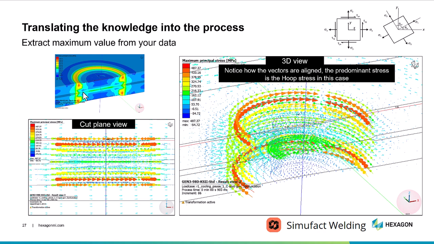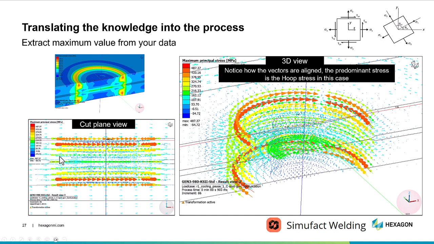Then if you think about it, can I map those results into a process simulation like a spot weld simulation? Yes, we can, because the concept of maximum principal stress is the same. So we want to look at the stress, in what direction, and then try to infer how the crack is going to nucleate in this case. So this is a resistance spot welding simulation showing the max principal stress.